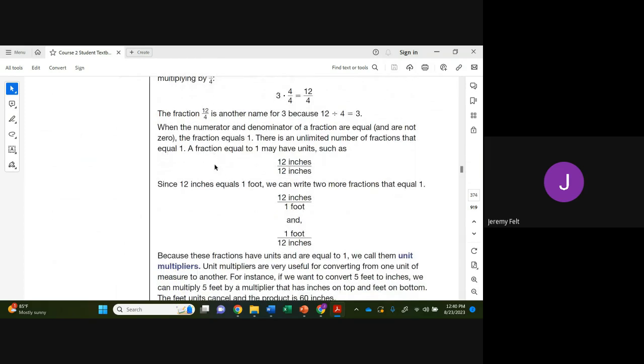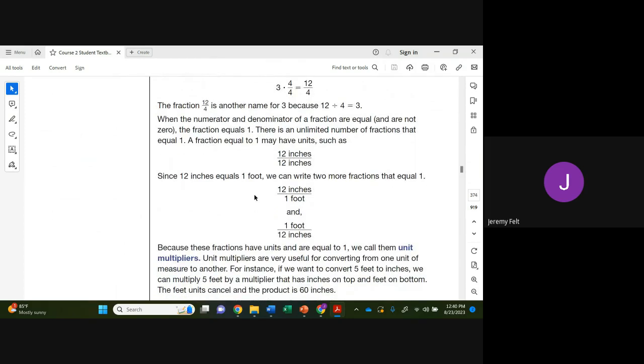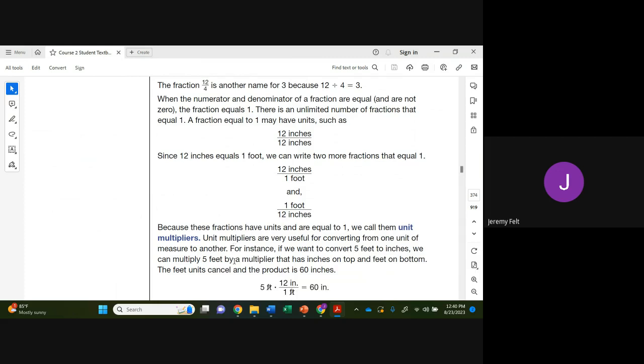So what a unit multiplier is, it's just something that's equivalent to 1. So 12 inches is equivalent to 1 foot. So 12 inches over 1 foot, if I multiply something by that, I'm still multiplying it by 1. I may be obviously converting the units, which is what we want to do, but I'm not changing it. So 60 inches and 5 feet are the same distance. It's just different units that we're using to measure them. So that's where we use our unit multipliers.